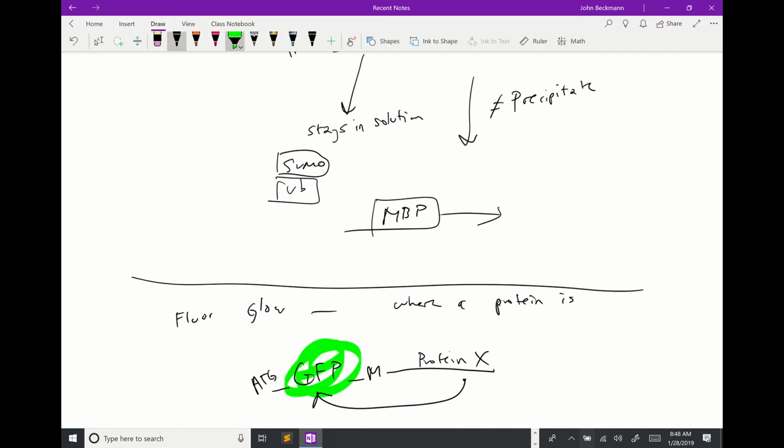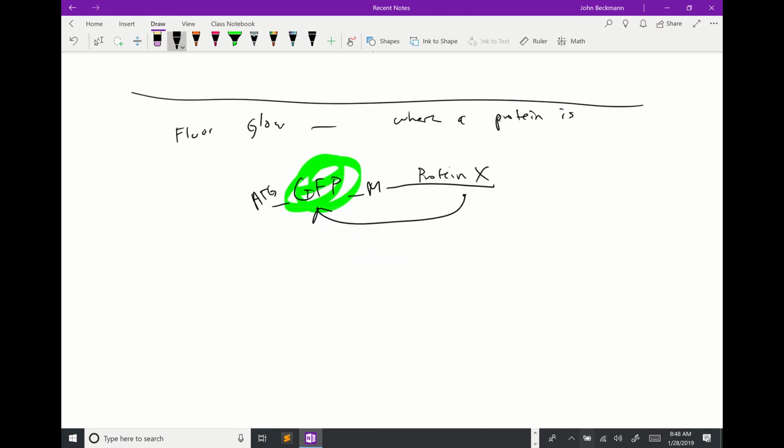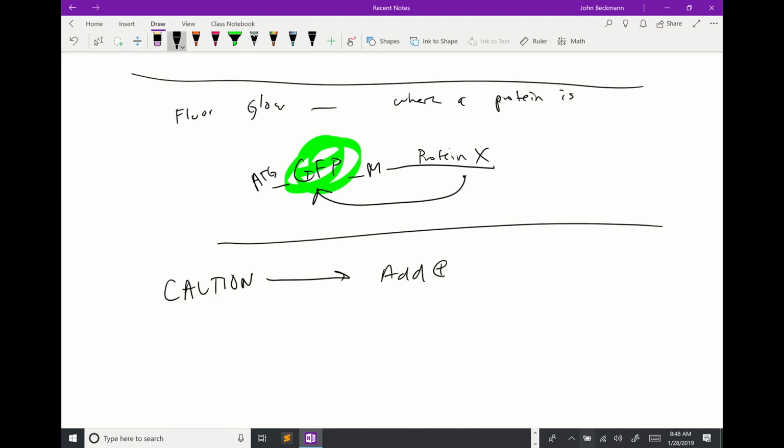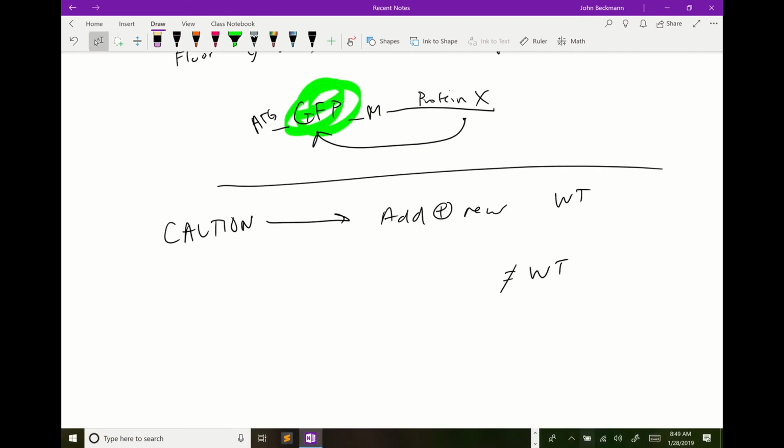Those are fluorescent tags. Caution with tags. Why? They might mess up the function. Yes. Anytime you add something new to your wild type protein, it's no longer wild type. So oftentimes when you do experiments like this, you need to do controls.